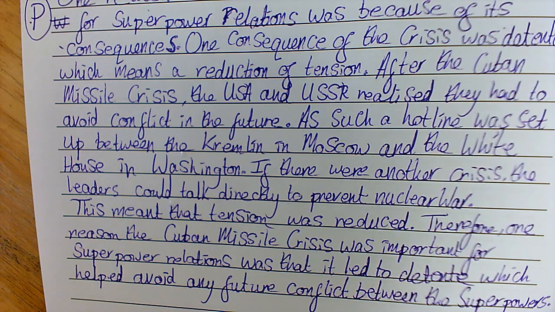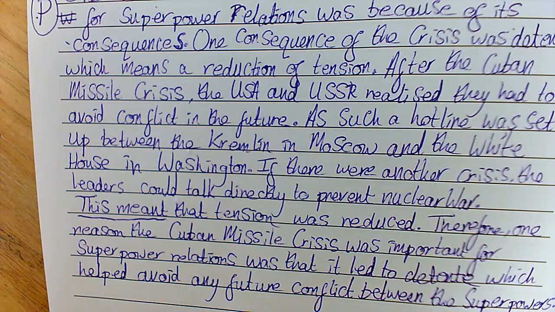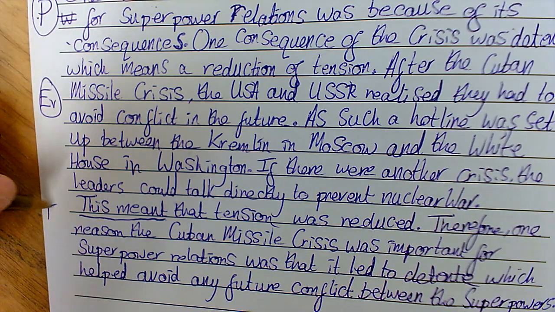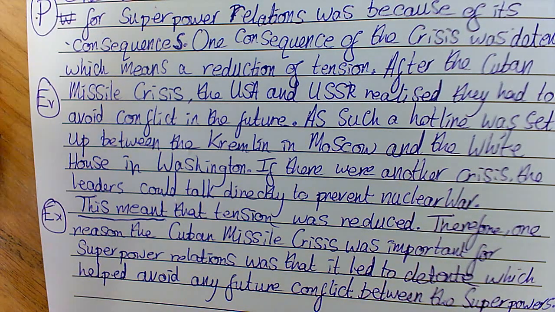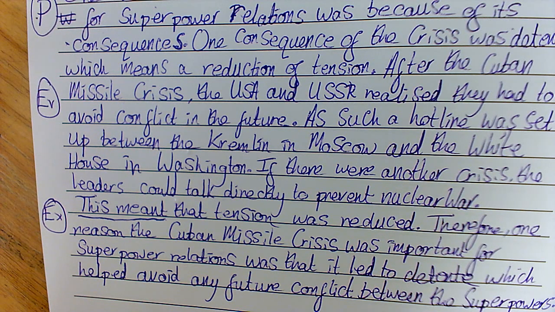I explain how this was motivated to avoid future conflict. I know I'm explaining because I use the phrase, "this meant that." So I give evidence or facts, and I explain how those facts prove the point or claim that I made.